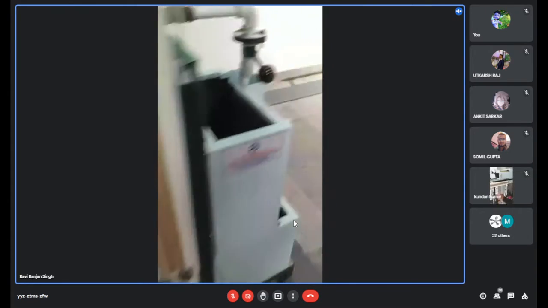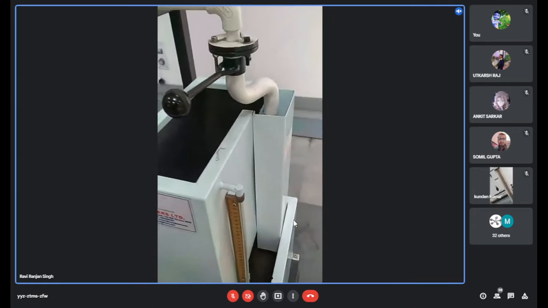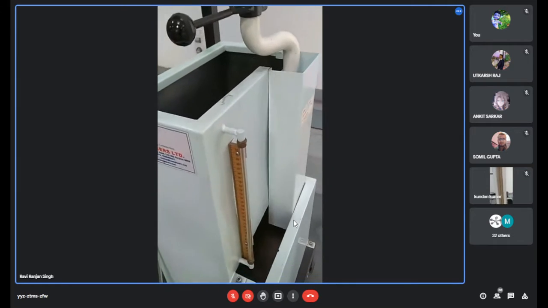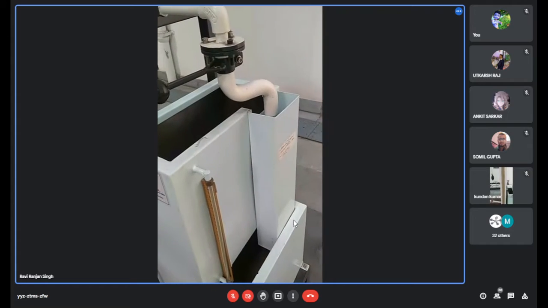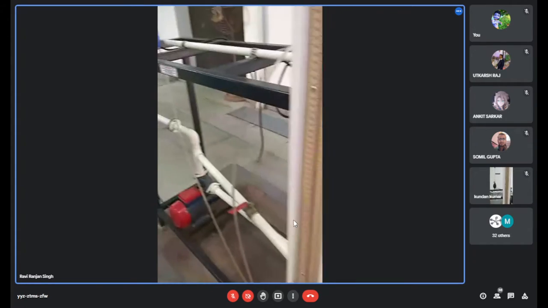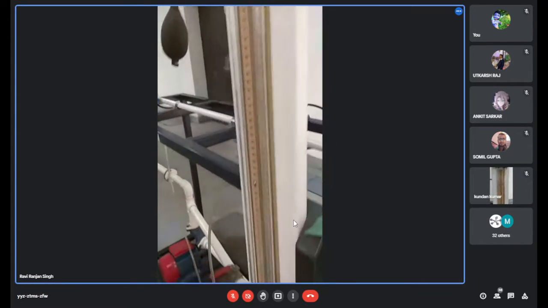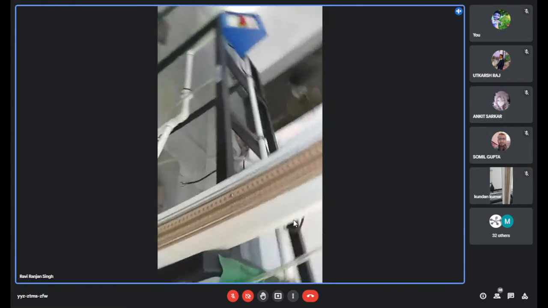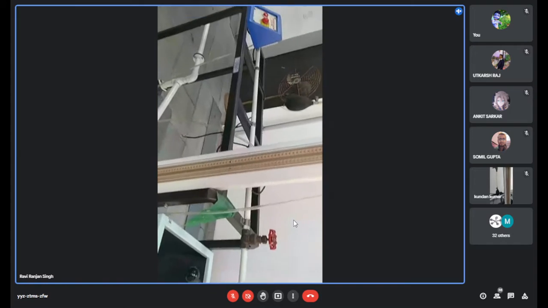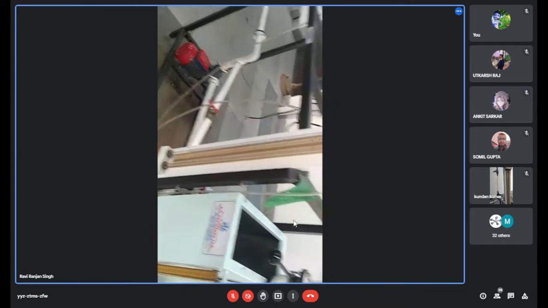And this is the tank by which we will calculate the flow rate. So this is the apparatus to calculate the losses in the pipes.